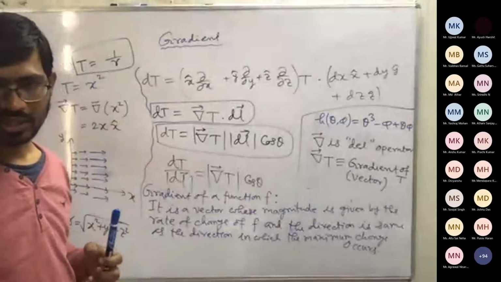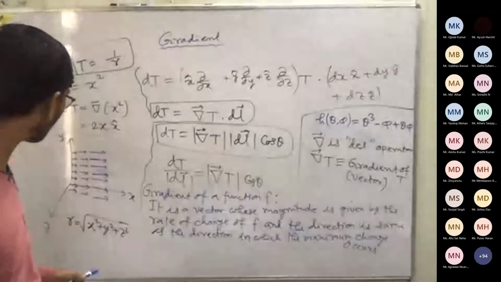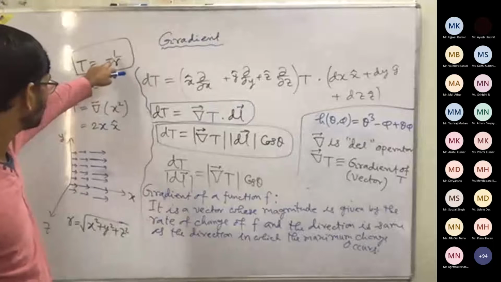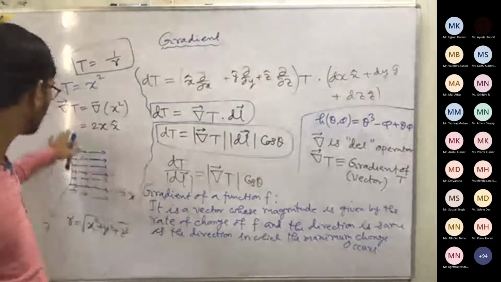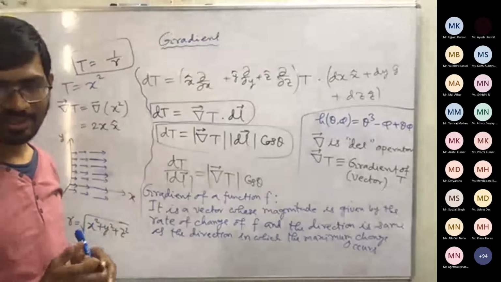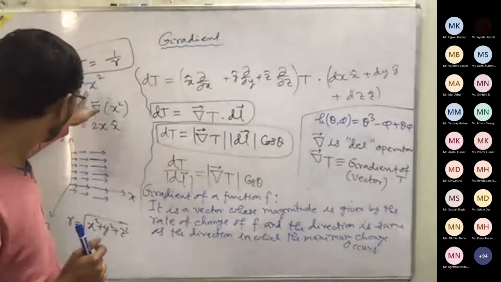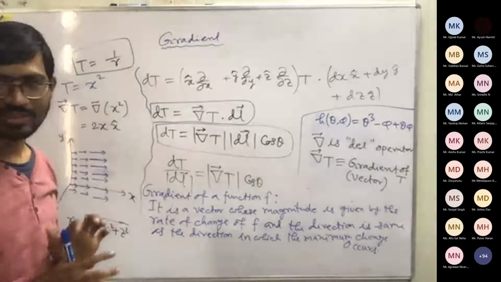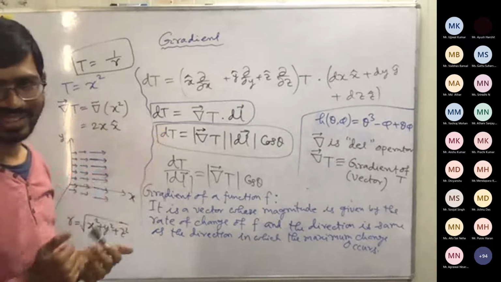L vector is again the same thing, the position vector. So you have a function which is equal to 1 over the square root of x square plus y square plus z square. You compute its gradient, and convince yourself that the gradient of this function is actually pointing towards the center.